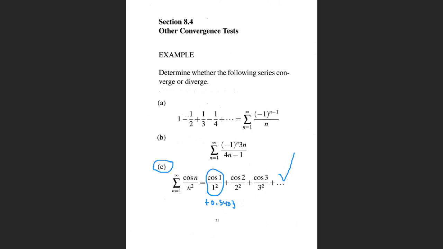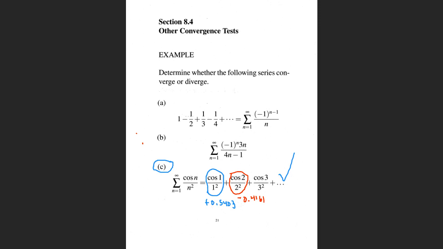The next term, cosine of 2 over 2 squared, is going to be negative 0.4161. So far, so good. We have a positive term and then a negative term.